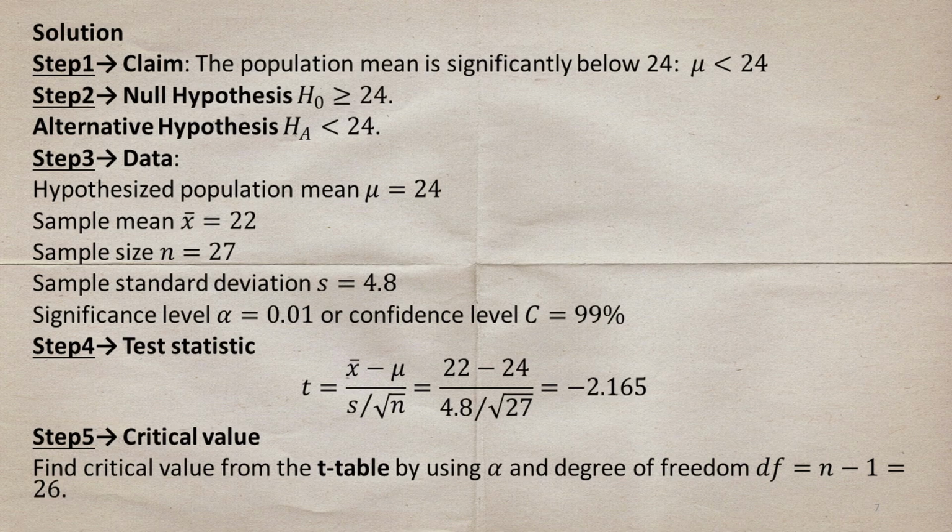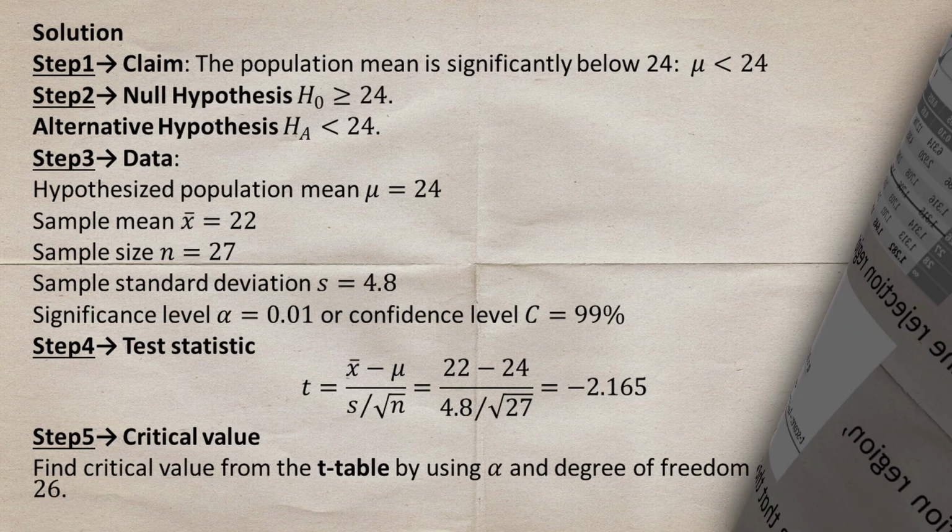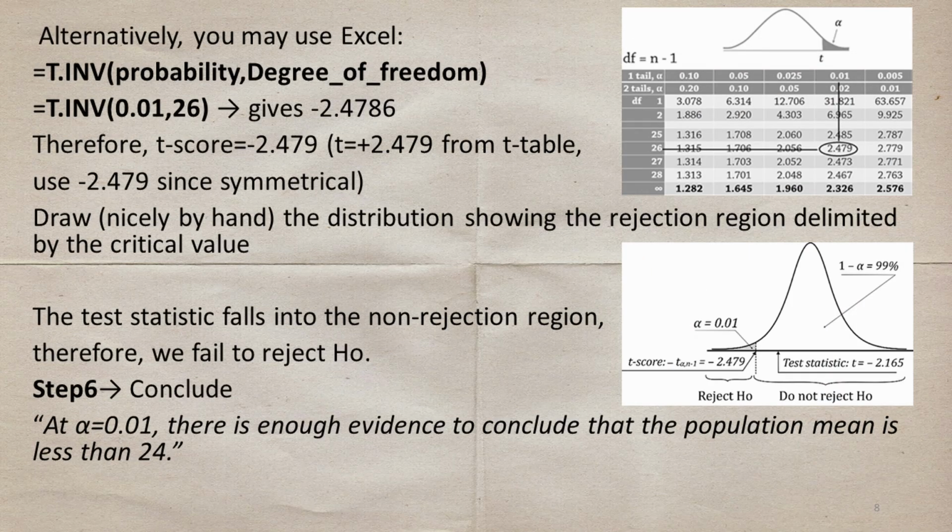Step 3. Get the statistics as shown in the slide. Step 4. Calculate the test statistic by using the formula provided. Step 5. Get the critical value from the t-table by using alpha and the degree of freedom. You may use Microsoft Excel to find the t-score by executing the commands provided in this slide.